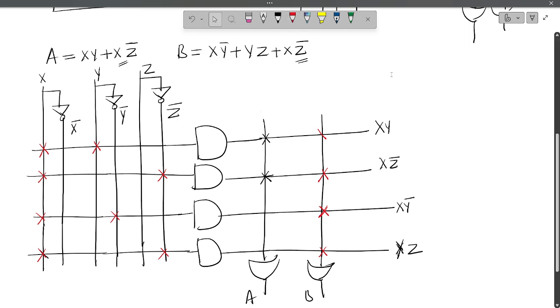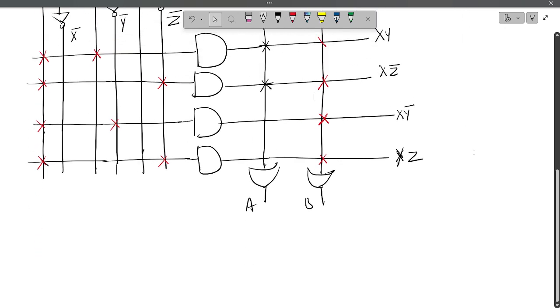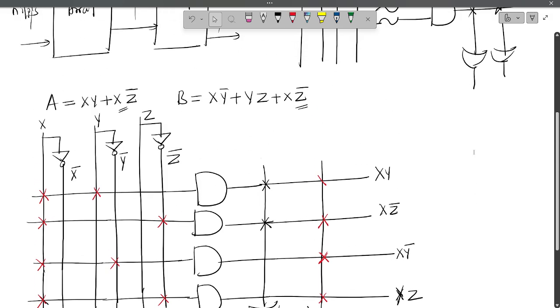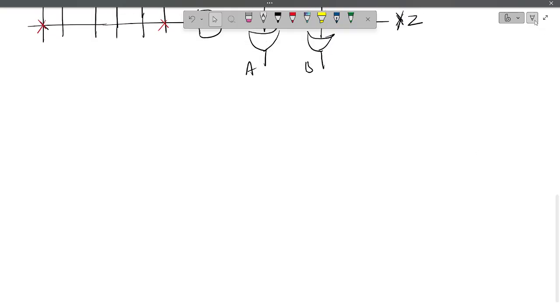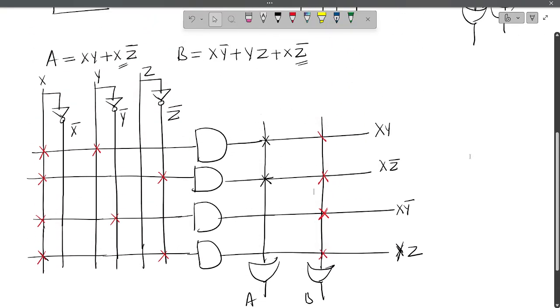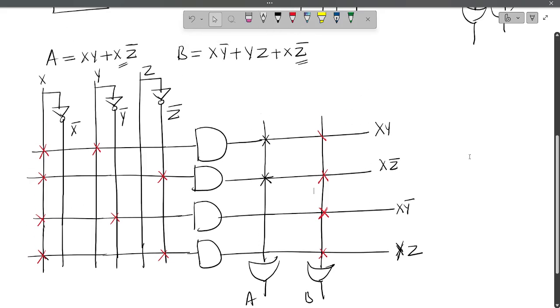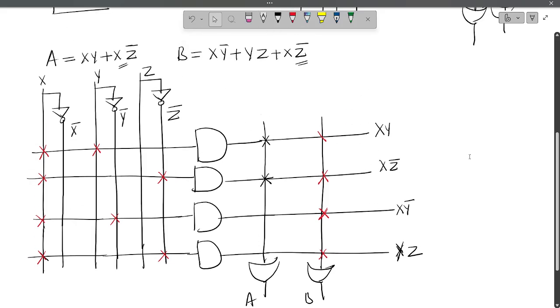This is about RAM, PLA, PROM, PAL. Shall I move forward? We are reusing XZ bar here and here. For XZ bar, there is no need to draw two times.